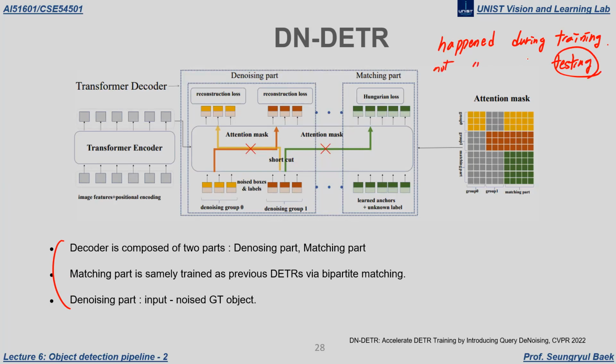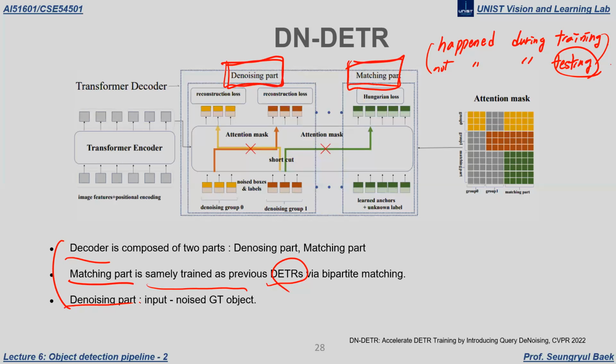And there are a denoising part and a matching part, and it happens only in the decoder. The decoder is now composed of two parts, the denoising part and the matching part. The matching part is the same as previous DETRs, the original DETR, and we have an additional denoising part.